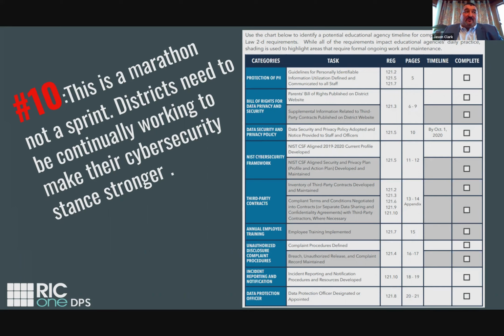Anytime I have heard from Albany anything around Ed Law 2-D, the line that I've heard numerous times is you need to be doing something. Doing nothing isn't an option. You can't just stick your head in the sand and ignore what's going on. But at the same time, there's no expectation that you're going to be done with this.